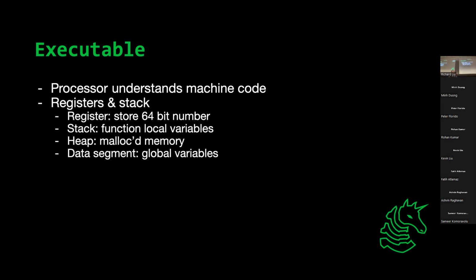But in short, the stack usually stores function local variables as well as a call tree. So every time you call a function, it pushes the return address onto the stack. And the heap is for bigger memory segments, as well as dynamic memory allocation. These are concepts that are going to come up again once we get to Pwn later on. Not today, though.